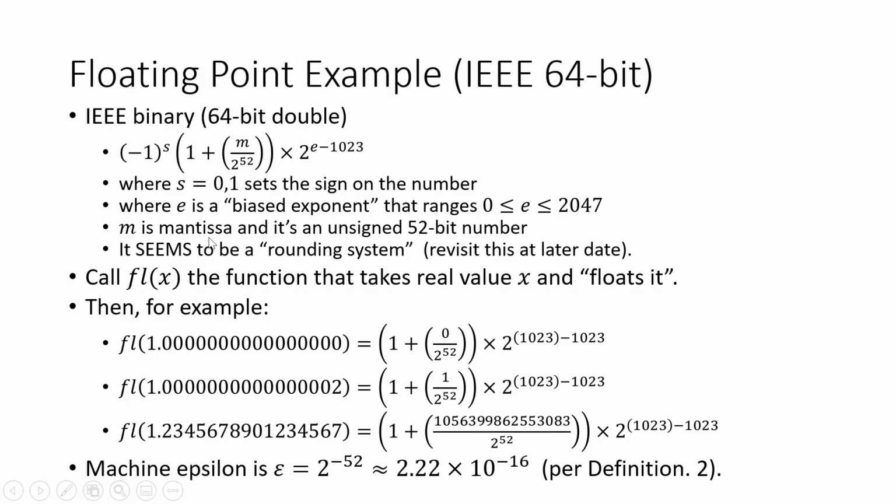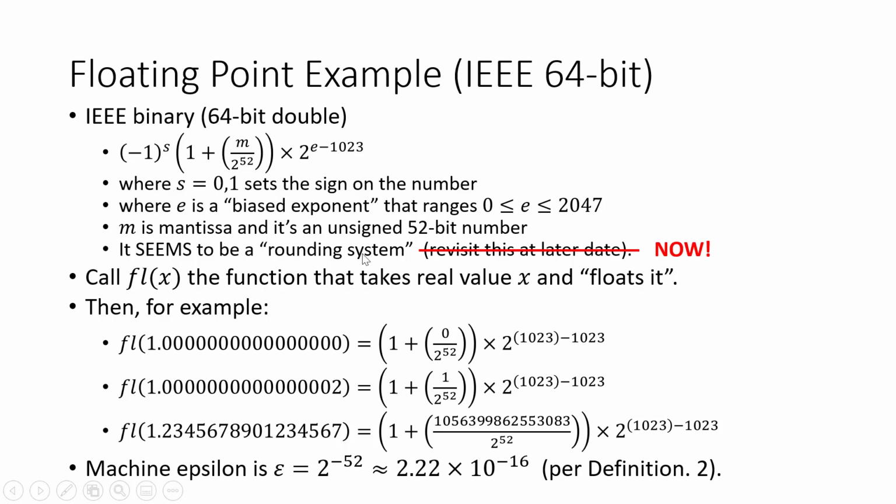And then the mantissa is an unsigned 52-bit number, and I've shown it here in such a way that you take that 52-bit number and divide by 2 to the 52, and that will give you a fraction that you add to a 1. The 1 is hidden, and it's not stored, but it's understood to be there. So this seems to be a rounding system, and earlier I said we're going to revisit that at a later date.